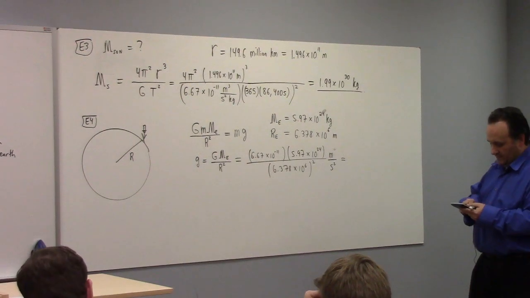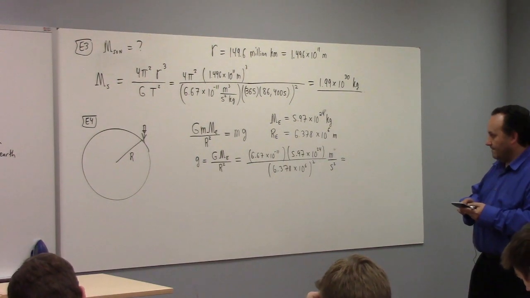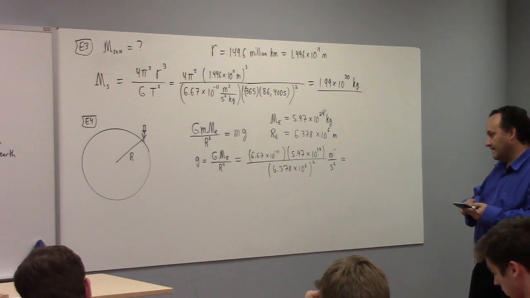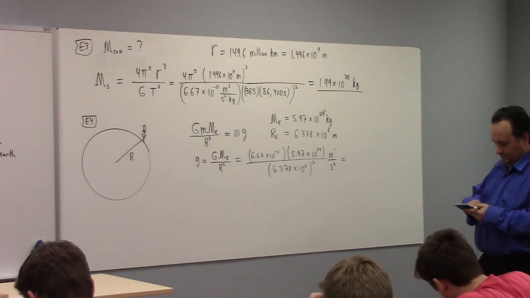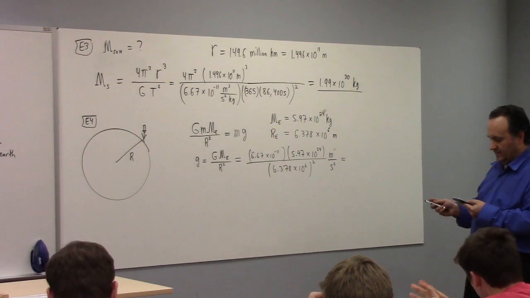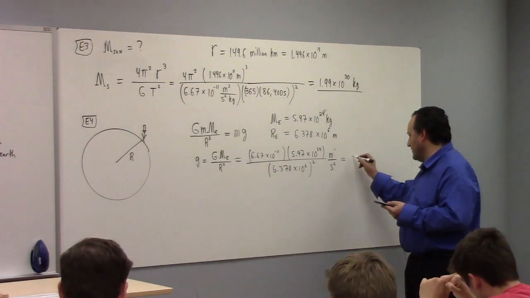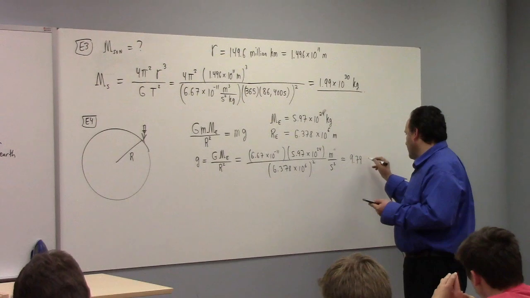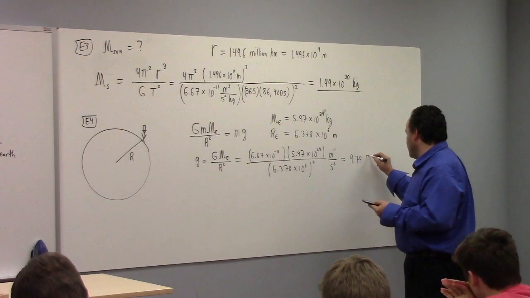See me run the numbers here. I get like 9.79, roughly speaking, 9.79 meters per second squared, right?